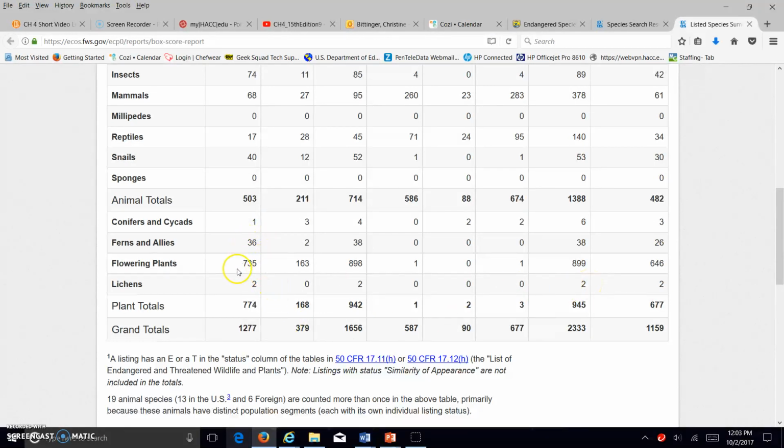So, on this list, there's over 898 threatened and endangered plant species in the United States, but only one is recognized internationally, for a total of 899 species. Overall, we have 945 plant species in the world, of which 942 are designated as threatened and endangered in the U.S. This compares to animals at 1,388. So total number of threatened and endangered species, plants, and animals is over 2,000 worldwide.